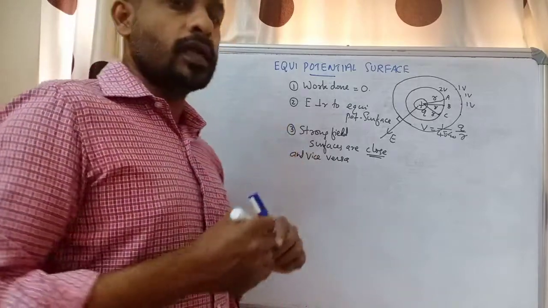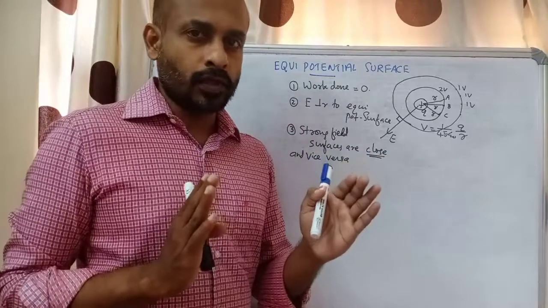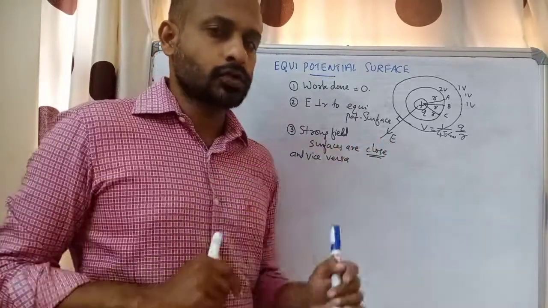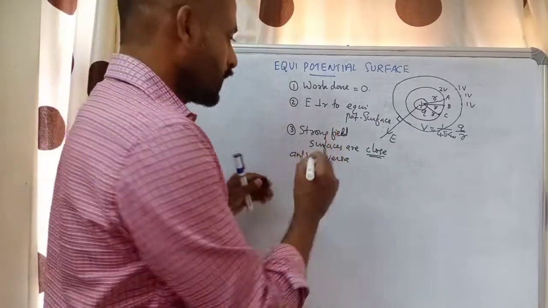So if it is a weak field, the equipotential surfaces are distant apart. For a strong field, the equipotential surface will be very, very close together. That's the third property. Now, fourth property also very important.